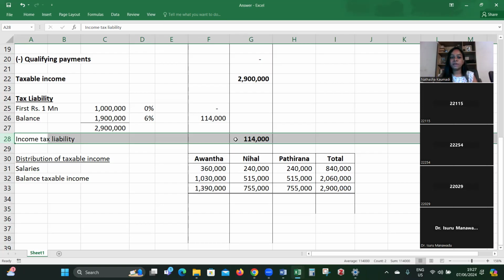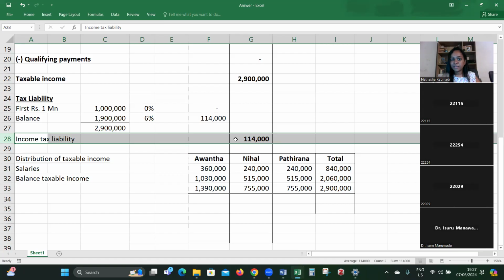If you can remember, you have learned that income taxes paid by a partnership can be claimed by the partners as tax credits when they are calculating their individual taxation.